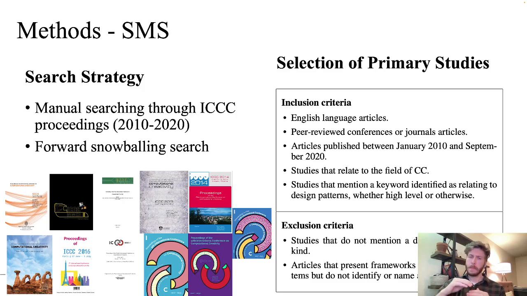And once a base set of primary studies is identified, the search would happen again, and it would be performed on papers that reference any of the primary studies. This is called a forward snowballing search, and we would use Google Scholar's citing feature to search for any papers that reference the primary studies.